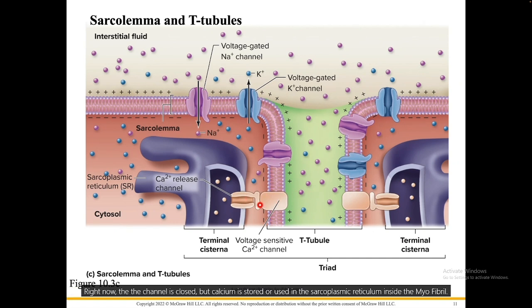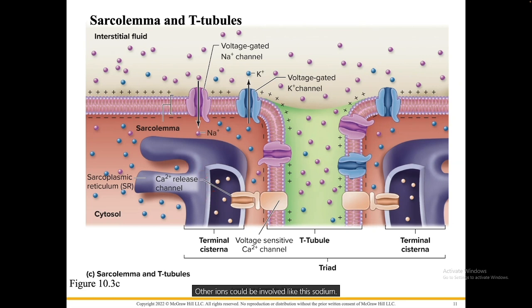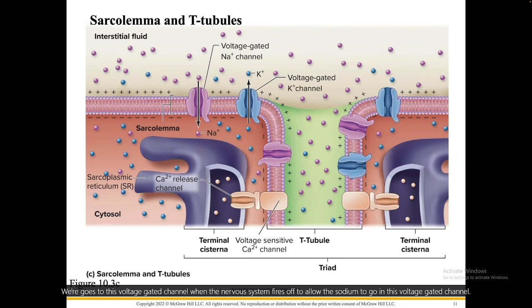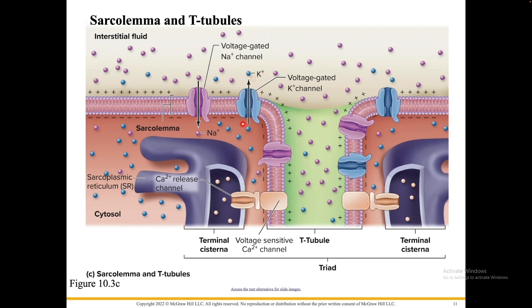Right now the channel is closed, but calcium is stored or used in this sarcoplasmic reticulum inside the myofibril. Other ions could be involved, like this sodium we're seeing go through this voltage-gated channel when the nervous system fires off to allow this sodium to go in. Or this voltage-gated channel, when the nervous system fires off, it allows potassium to exit through this channel here.